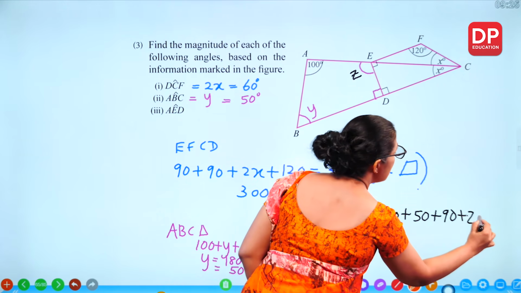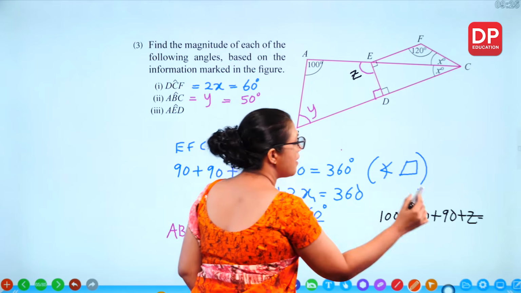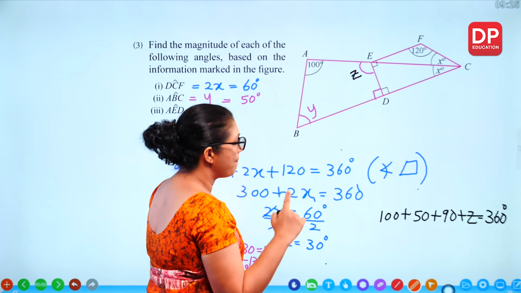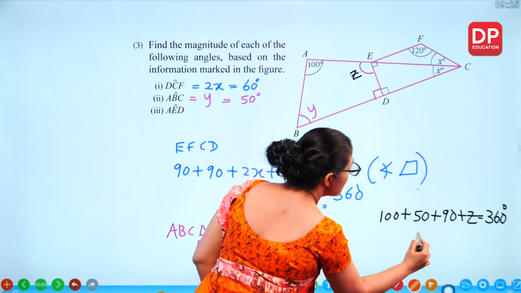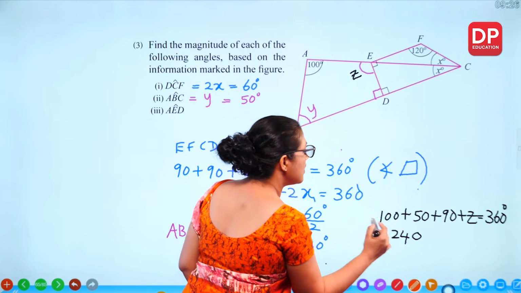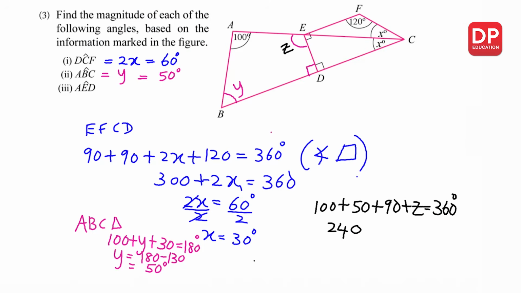Z is equal to now 360. That's a quadrilateral. When you add these three, you get 240. 240 plus Z equals 360. So what's the Z value?